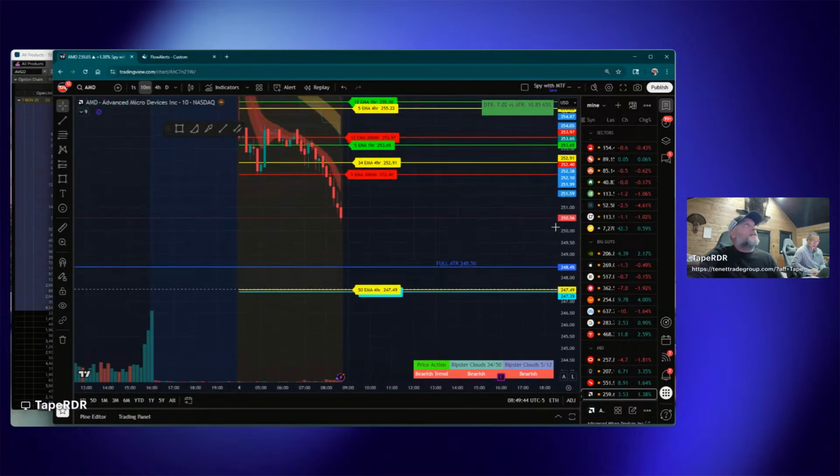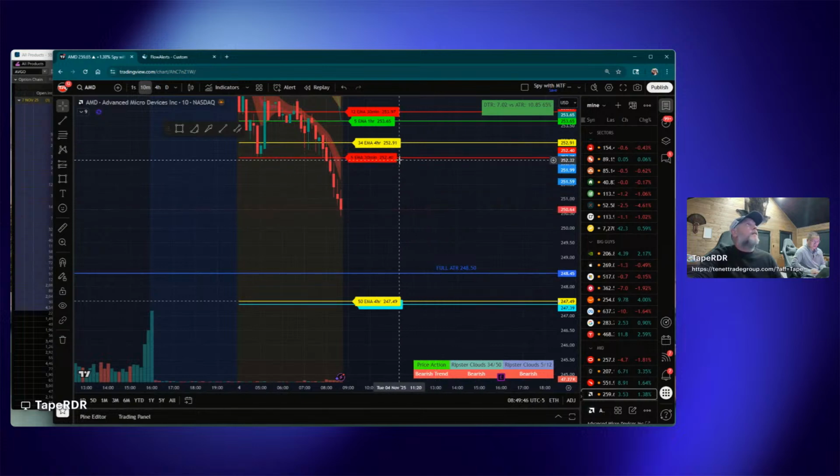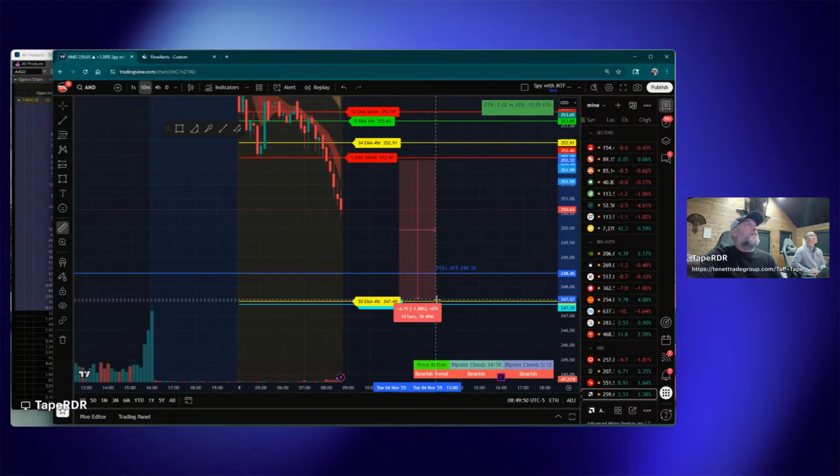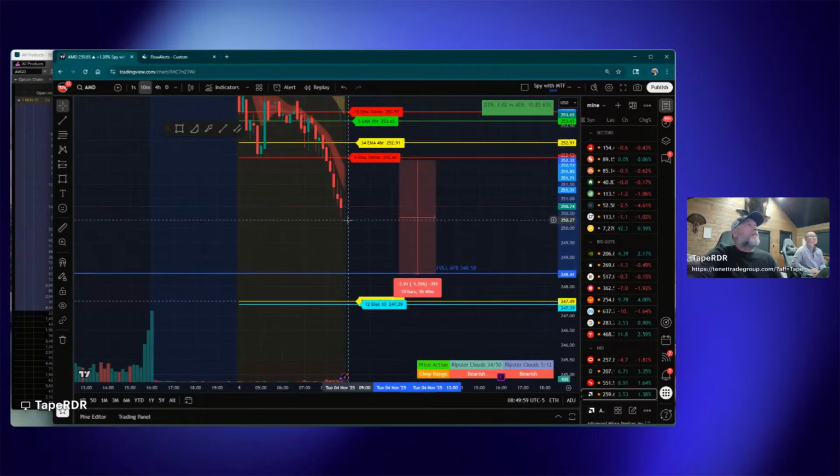Okay. AMD's meh because it's already halfway through this gap. You can clearly see that this gap is what they were shooting for, this gap right here down to here. It would have given us 475. Full ATR would have given us about $3.90.